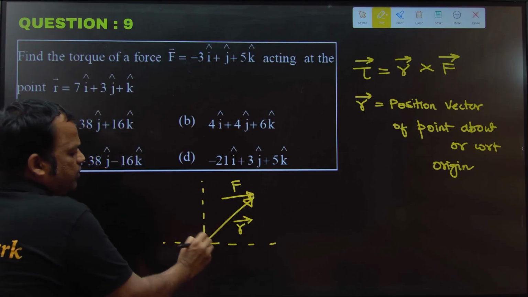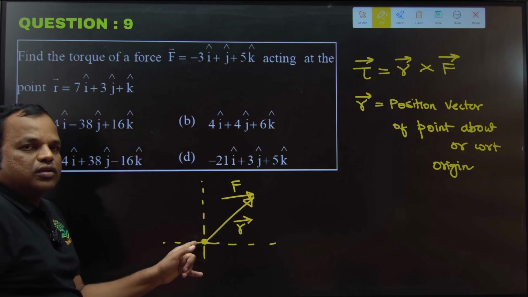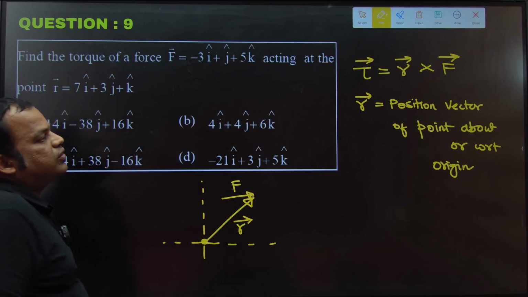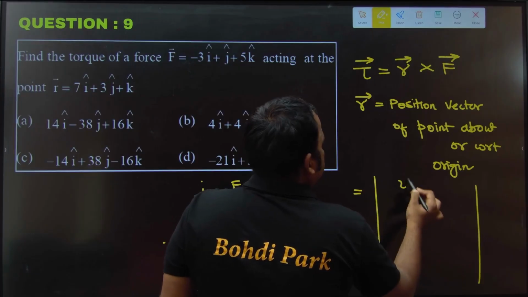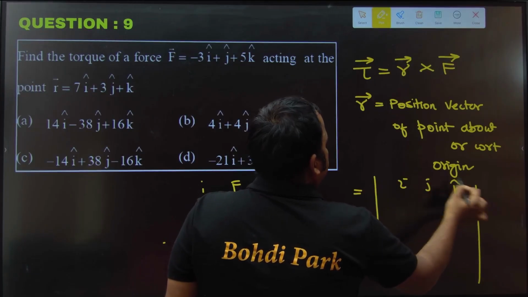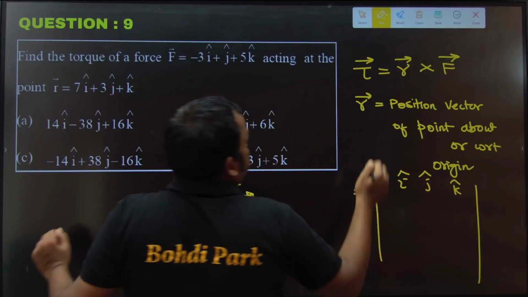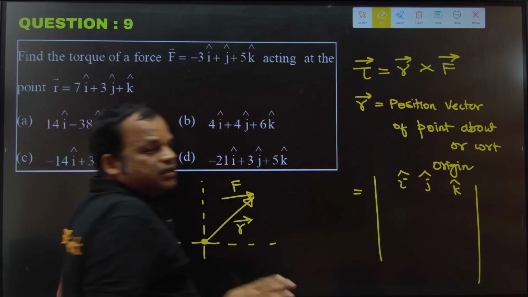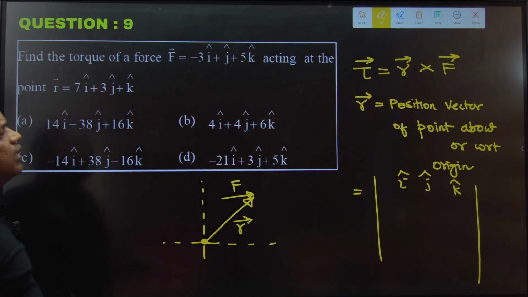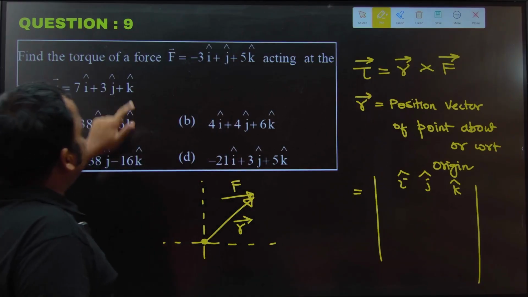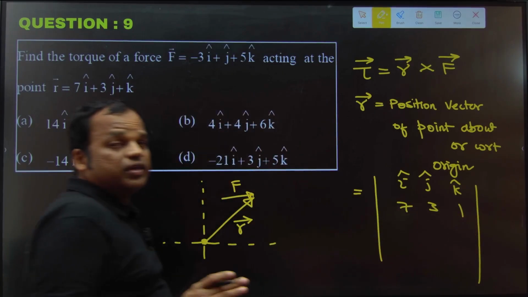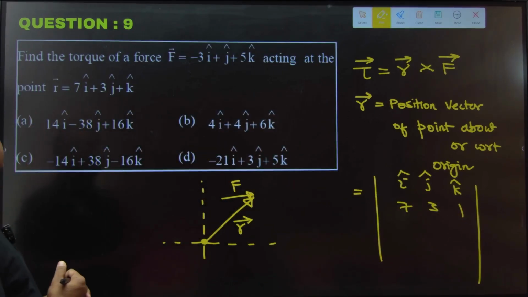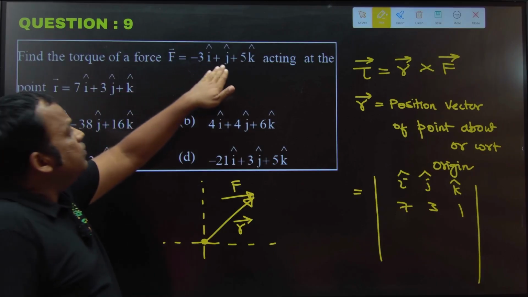About the origin, what is the torque? This is the formula R cross F, so we'll use the determinant method. I, J, K is the first row, the second row will be the components of R vector, which is 7, 3, 1, and the third row will be the components of the force vector, which is -3, 1 and 5.